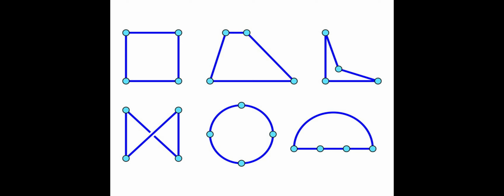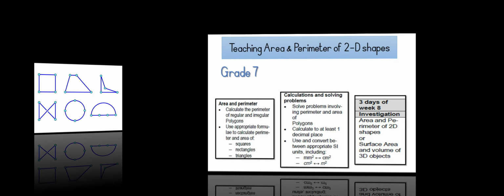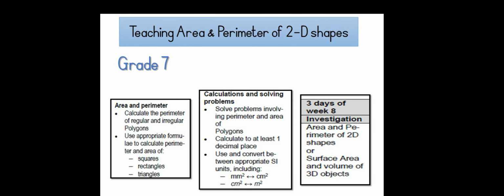They must be able to calculate to at least 1 decimal place and also know how to convert between units, for example, millimeters squared to centimeters squared. During week 8 of the third term, the grade 7s will conduct an investigation on either area and perimeter of 2D shapes or surface area and volume of 3D objects.